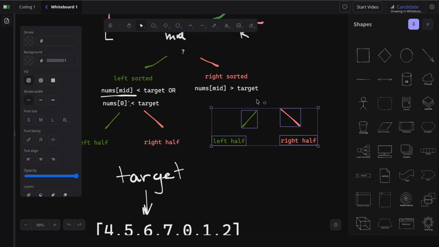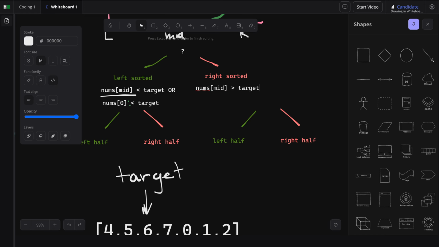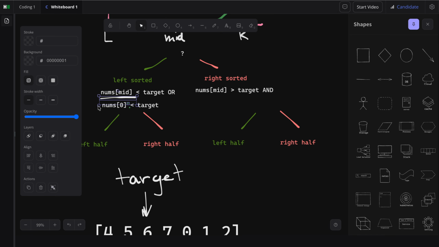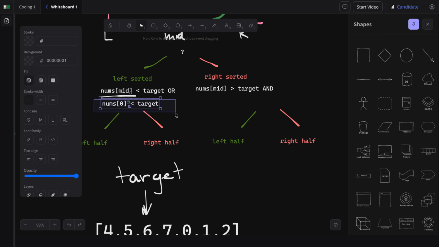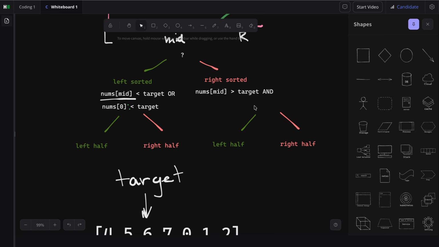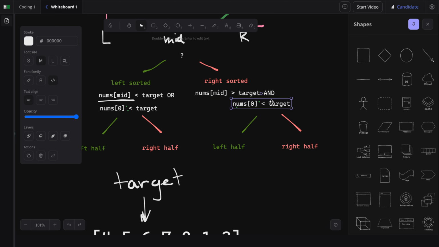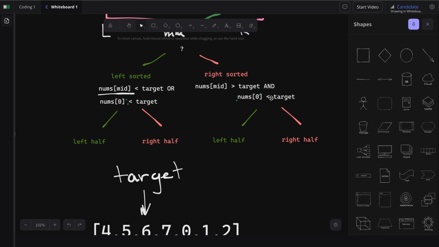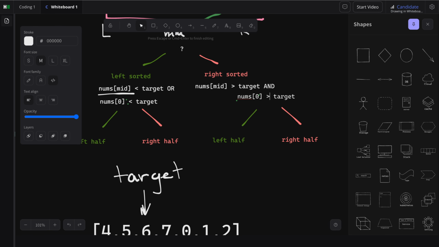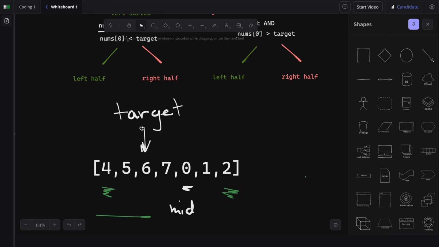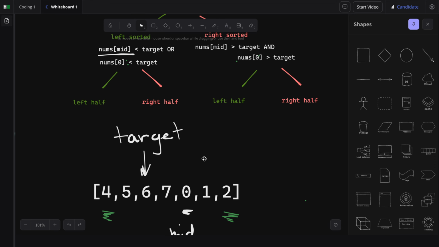So over here, it's basically the same thing. Why is it moving so much? And 4 is greater than the target. Yeah, basically the exact same thing.